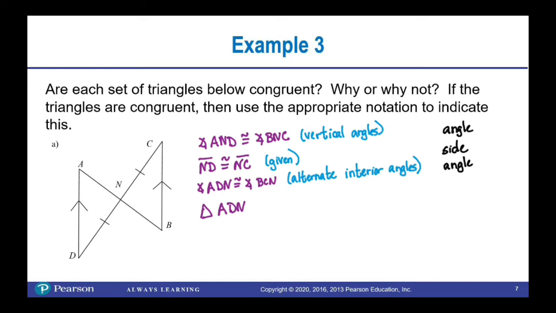And so triangle ADN, remember I can name that first triangle in any order, is congruent to triangle. And as I start naming my second triangle, I need to name the matching pieces in the same order. A and B match, D and C match, and then N matches itself. And these are congruent by angle, side, angle.